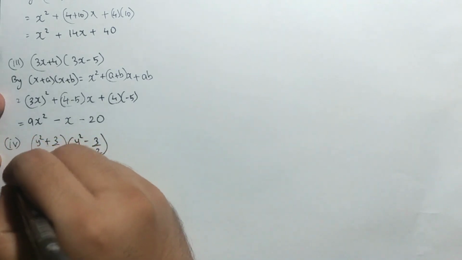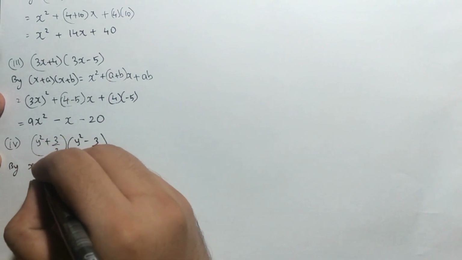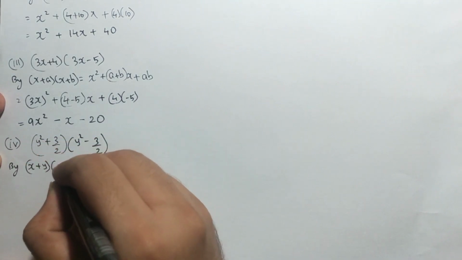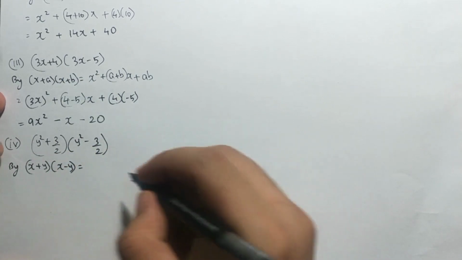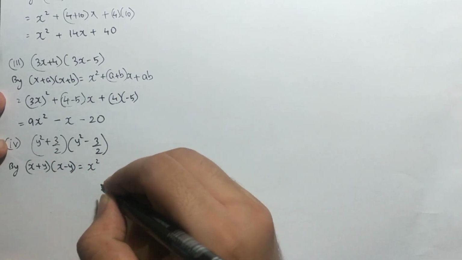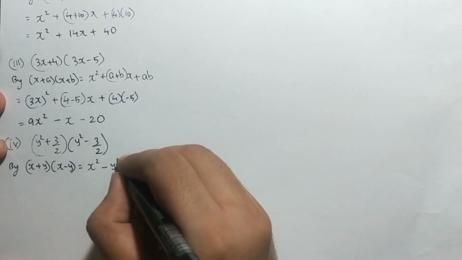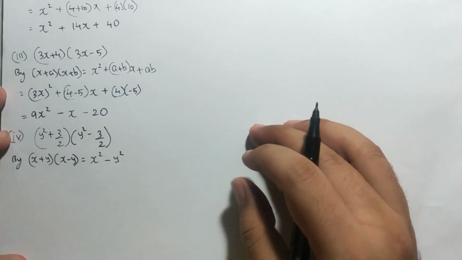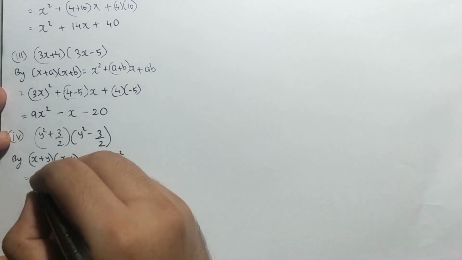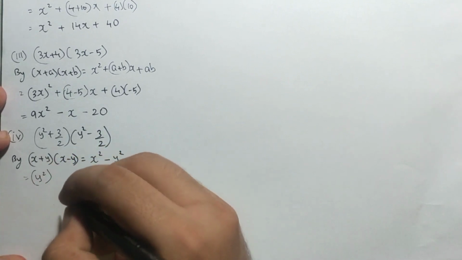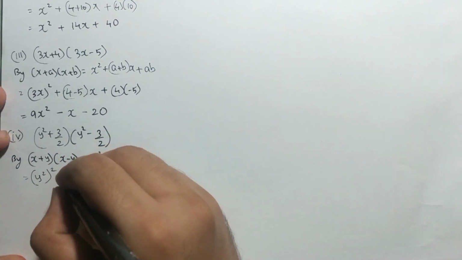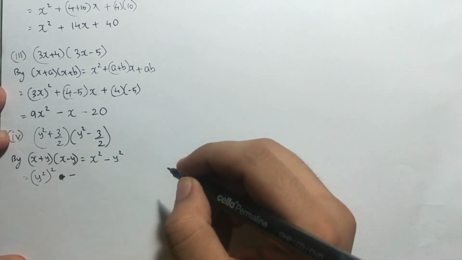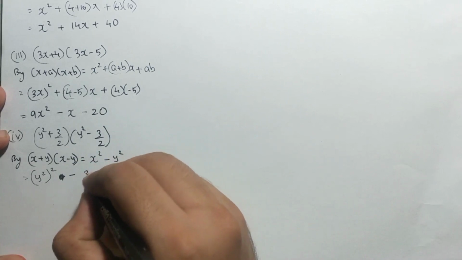So by the identity x plus y multiplied by x minus y, we have the square of the first term, x square, minus the square of the second term, that is y square. Here the first term is y square, so you have to square the y square term, minus the square of the second term.